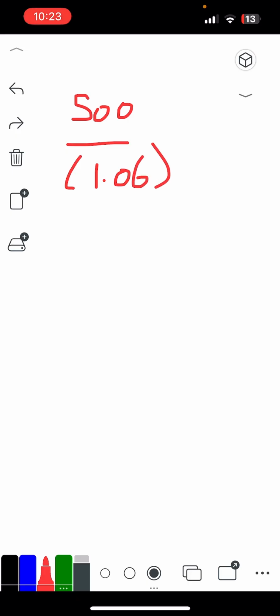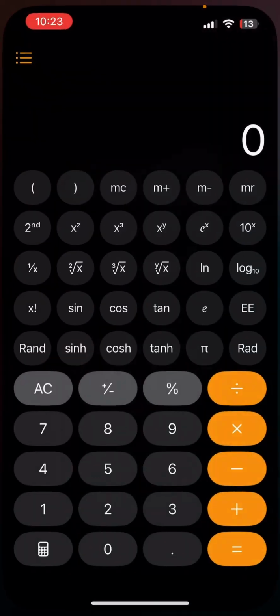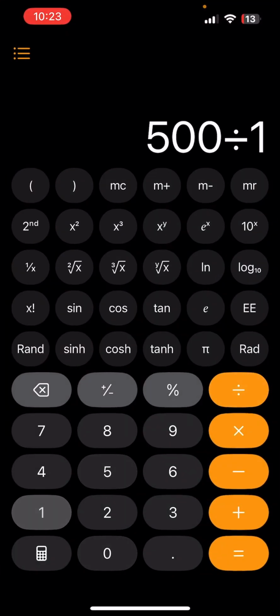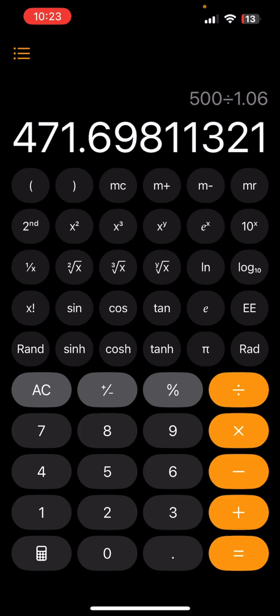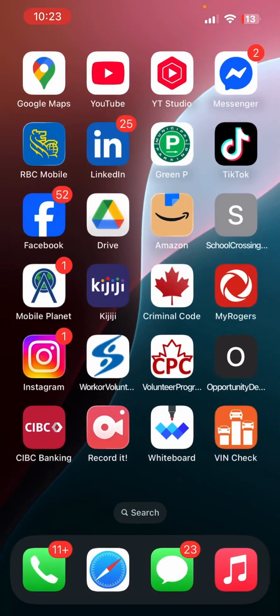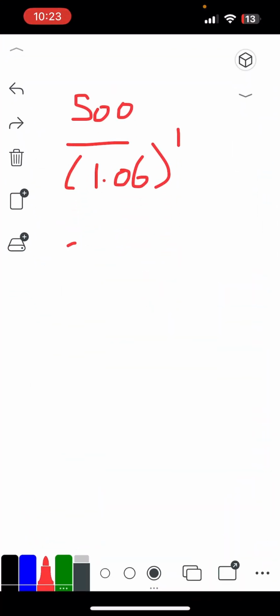This is year one. Let's say the bond matures in 2 years. In that case, this will be 500 divided by 1.06. It will be $472 if you round it off. And again, this is interest payments.